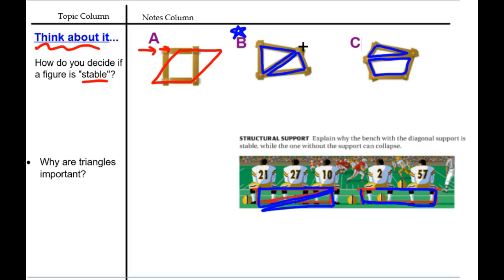The bench on the right does not have a support. If I pushed on this side right here, the two football players would end up falling, and their bench would end up sliding to the side. Bam! They would hit the ground.